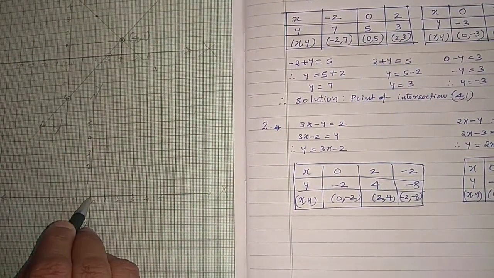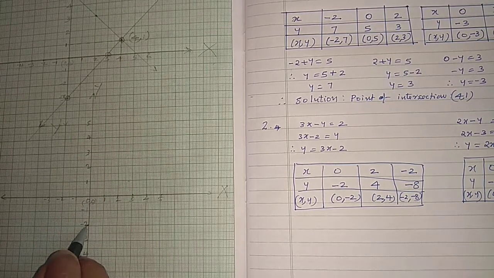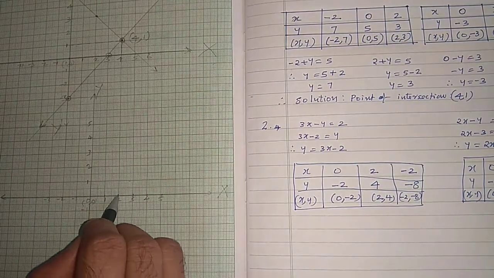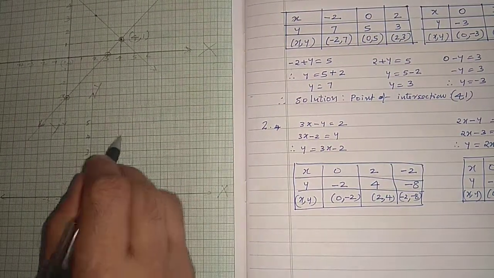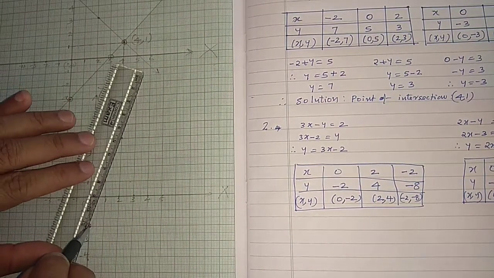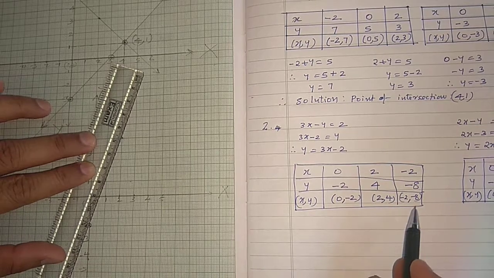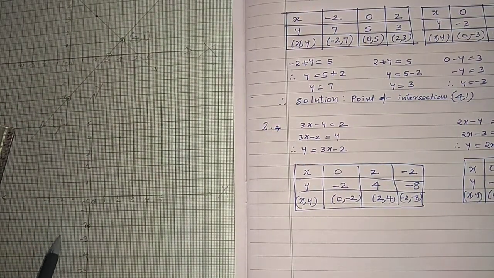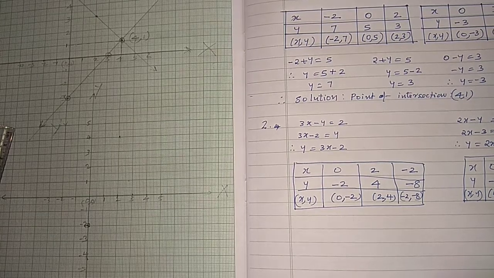Now in the coordinate system we take here 0 comma minus 2. X is 0, y is minus 2 here. Next point 2 comma 4. X is 2, y is plus 4. So 1, 2, 3, 4 here. Even third point, you take minus 2 comma minus 8. Minus 2, minus 8 is here. This point.